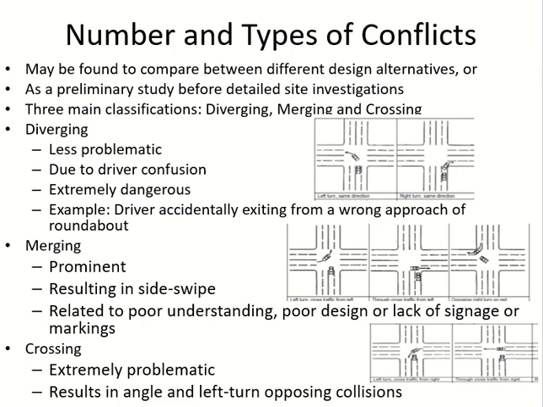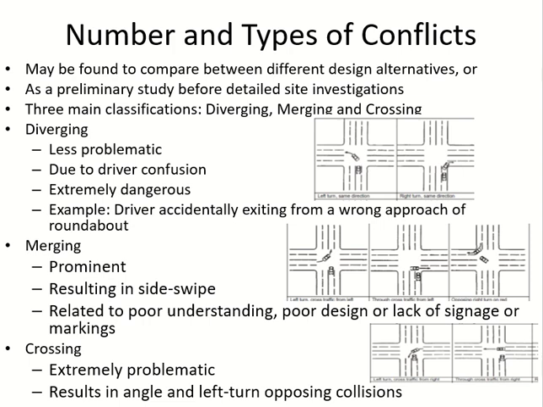What will happen to the safety situation? So you can do a conflict study, or compare between different design alternatives by looking at the possible conflicts with these alternatives. And you can do a short study before you conduct a full detailed study of your site.